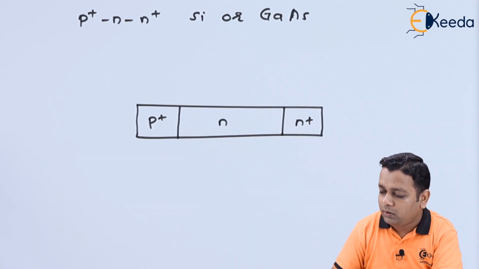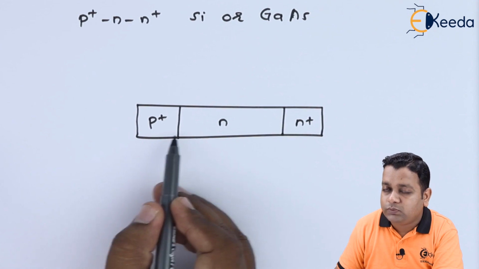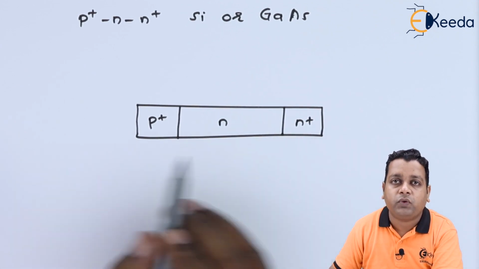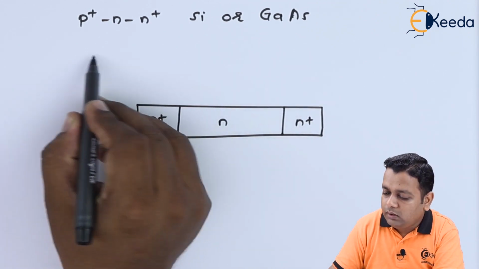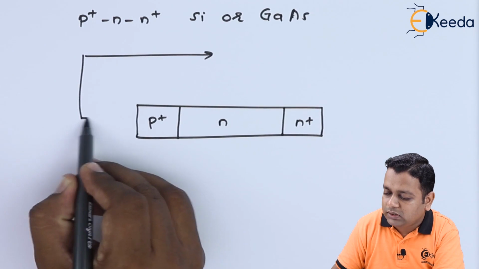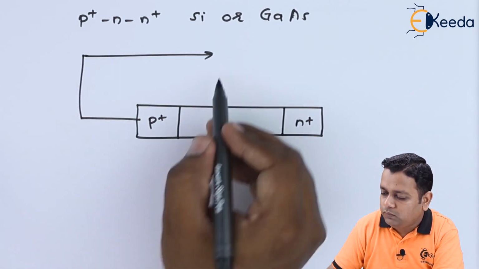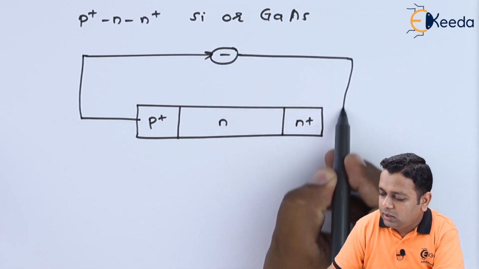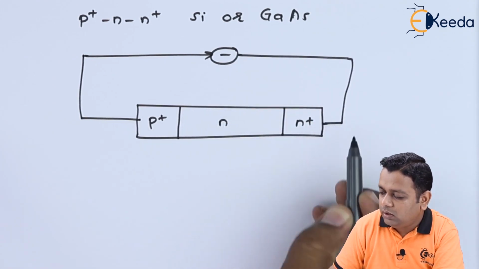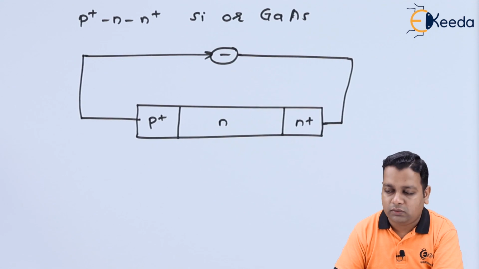Now we can use this structure with reverse biasing, hence we make the connections to this diagram: we provide a supply to the P positive and negative one, and the next connection is to the remaining electrode.